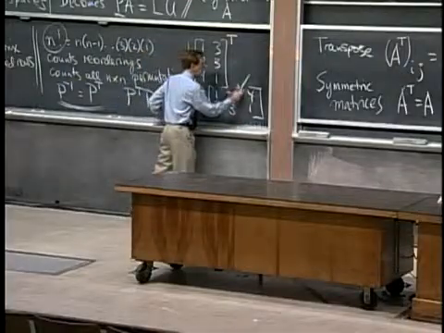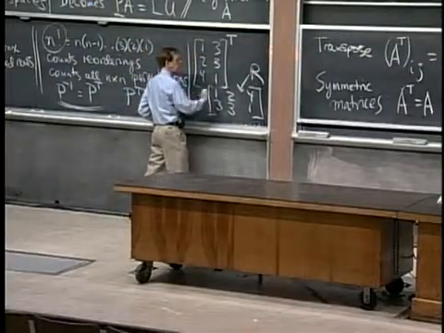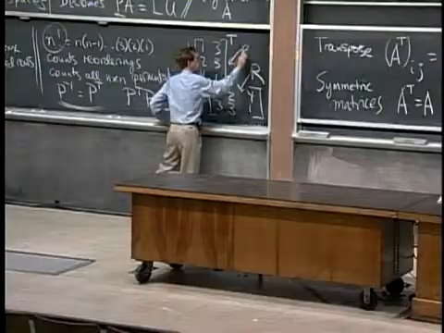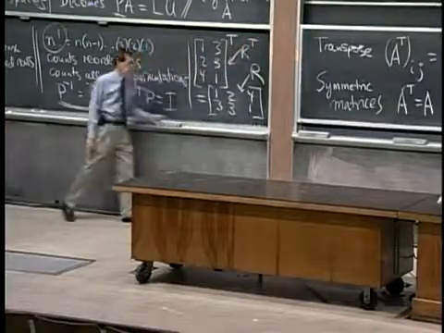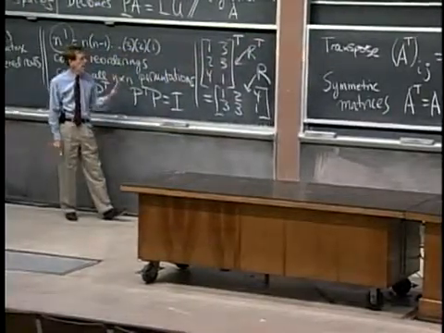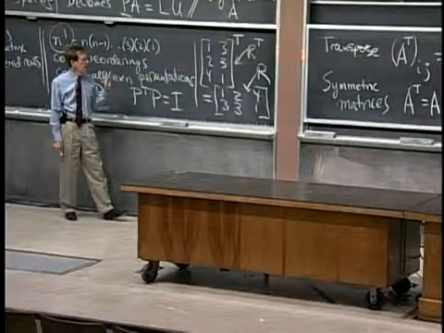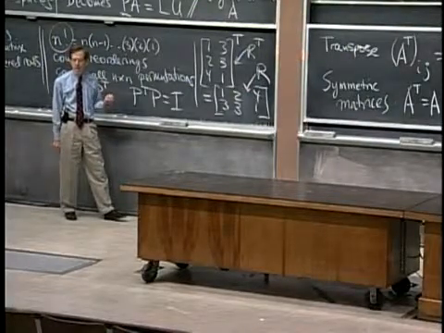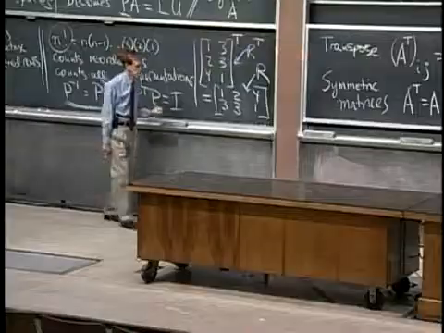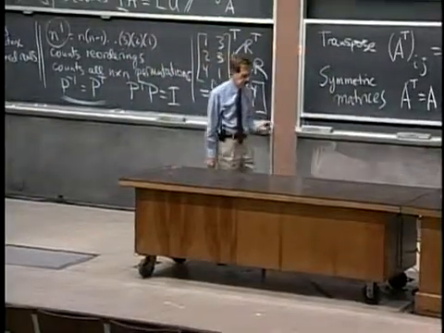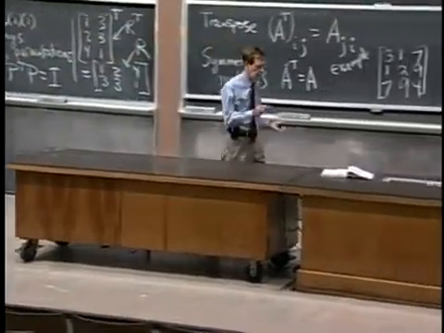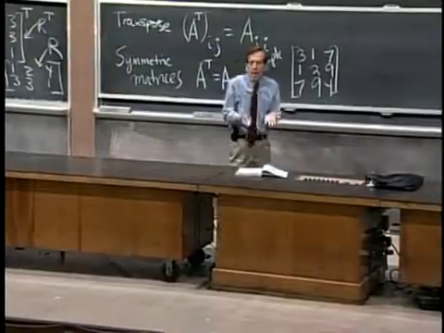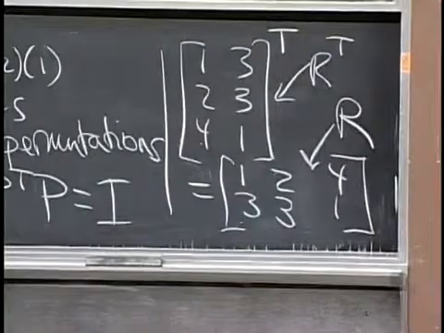So let that be R for rectangular matrix, and let that be R transpose, which it is. Then I think that if I multiply those together, I get a symmetric matrix. Can I just do it with the numbers and then ask you why? How did I know it would be symmetric?